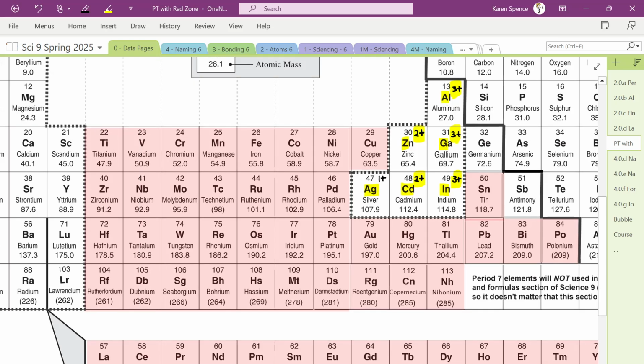Well, those red metals, this is what we're going to call our red zone. Okay. And when we have metals in the red zone, we are going to use Roman numerals.